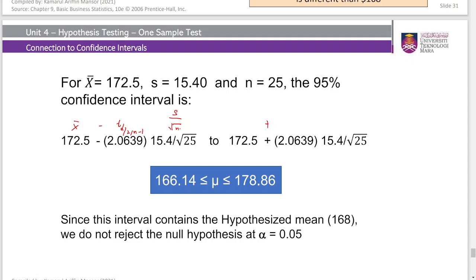Okay, so calculate this value, you get the values to be 166.14 and 178.86. So how do you read this confidence interval?